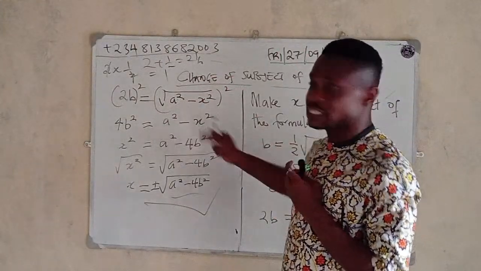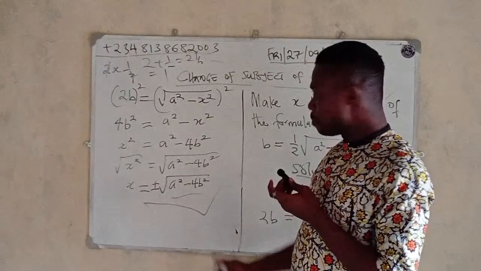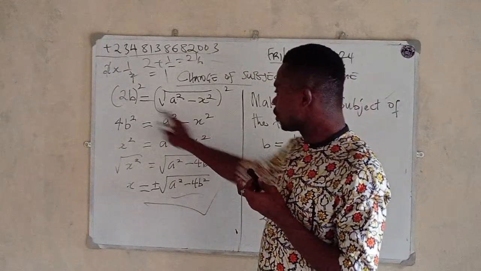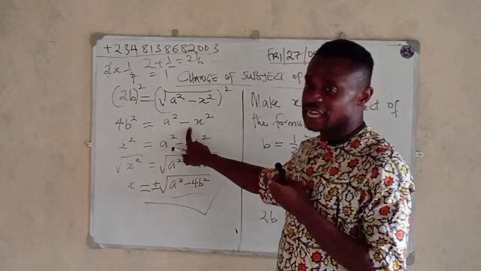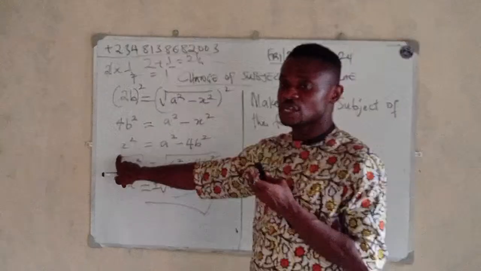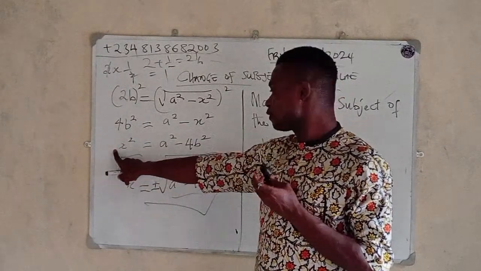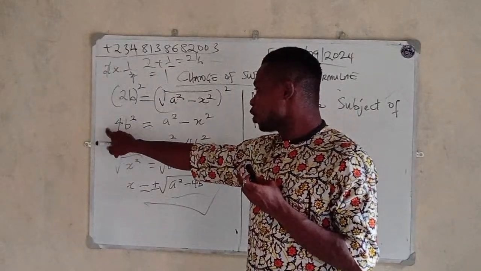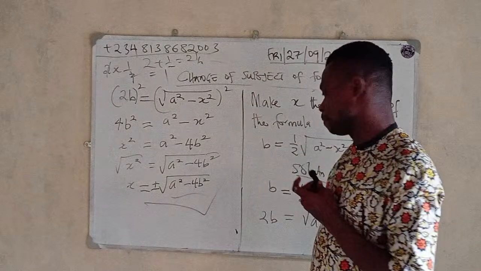So we are left with this. We now rearrange by moving this minus s squared to this side and moving this 4b squared to this side. If minus s squared moves here, we have what? S squared, because this minus will turn to what? Positive. If 4b squared goes here, it becomes minus 4b squared.